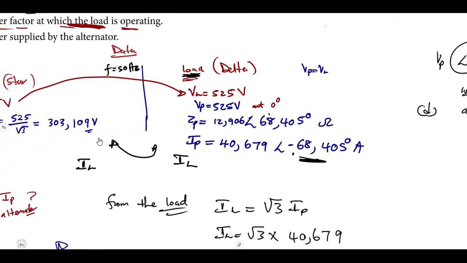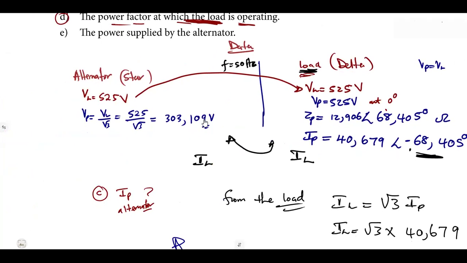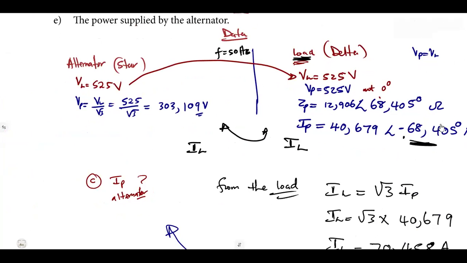And we move on to part E, the power supplied by the alternator. On the alternator, we remember we calculated the phase value there. We have got the phase value. We can use anything there, because the phase value for current is the same as the line one.